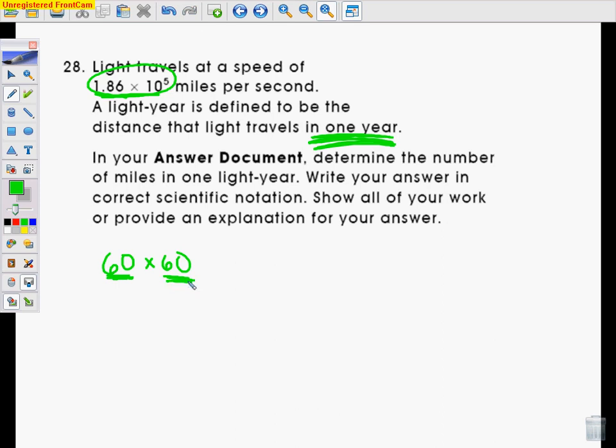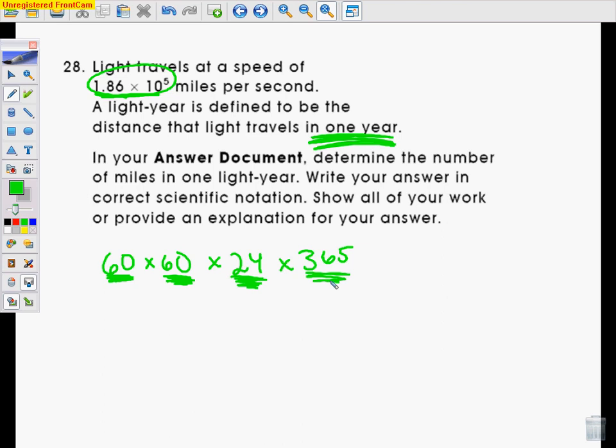How many hours are in a day? 24. Okay, 60 seconds in a minute, 60 minutes in an hour, 24 hours in a day. And then how many days are in a year? 365, right? So now if we multiply all of these together, we can find out how many seconds are in a year.